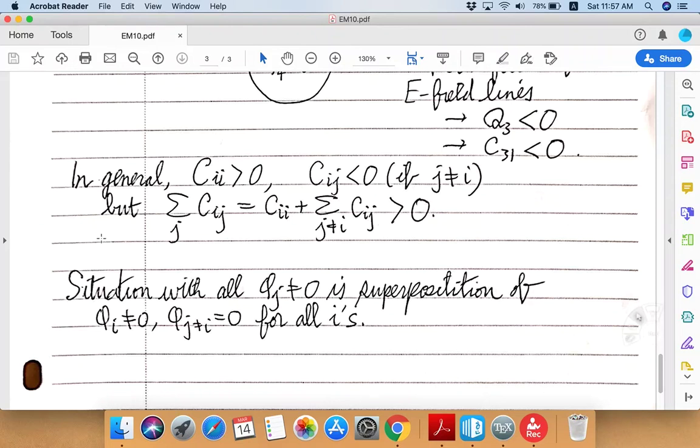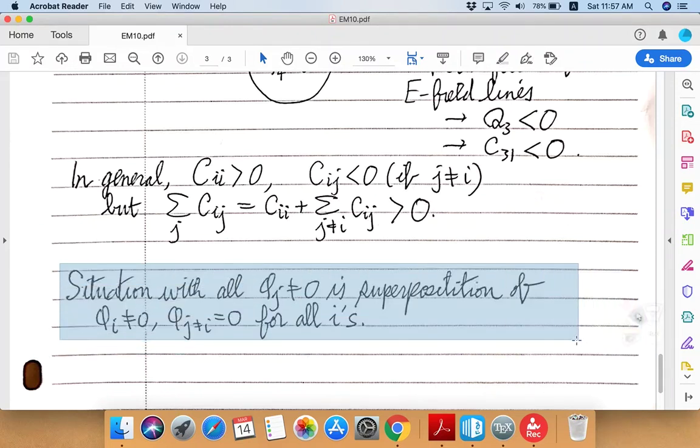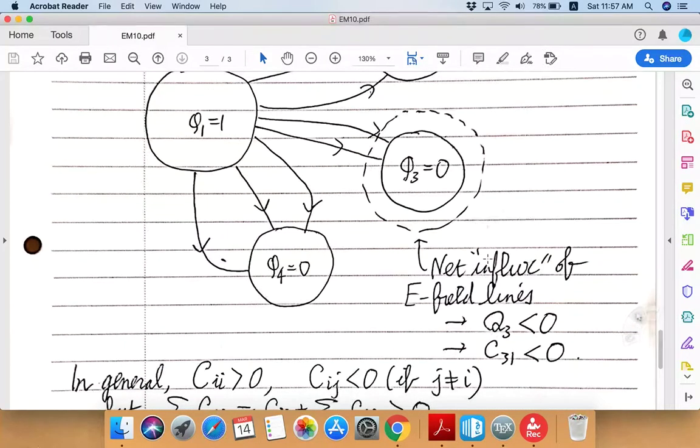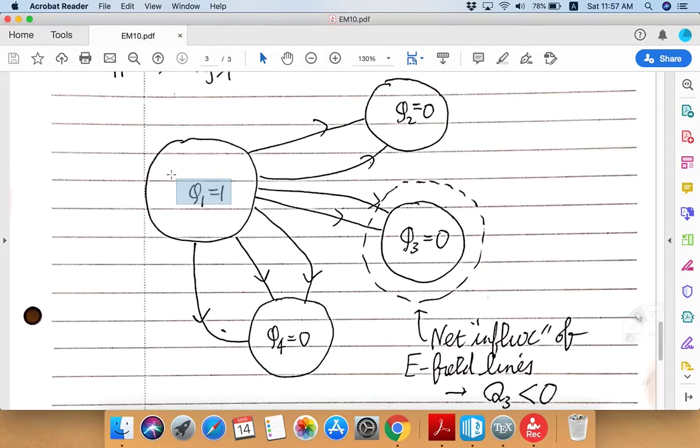The final aspect of this situation that I want to emphasize is that so far I have only considered the situation where only one island is at non-zero potential and all the other islands are at zero potential. But the general situation is when every island is at some non-zero potential. So why don't we analyze that? Well, it turns out that it's not really necessary to go into that general situation directly, because all we have to do is to consider cases where only one island is at non-zero potential and everything else at zero potential.